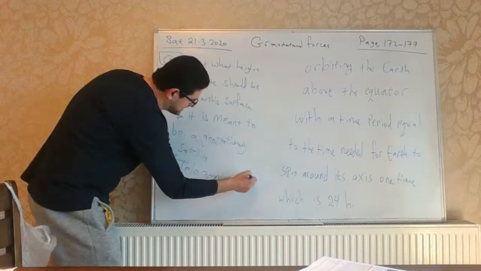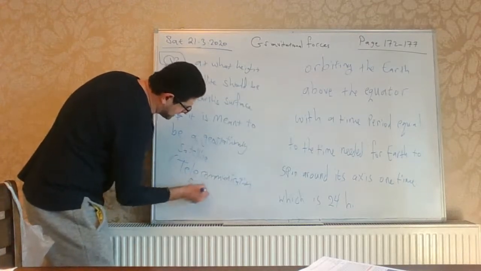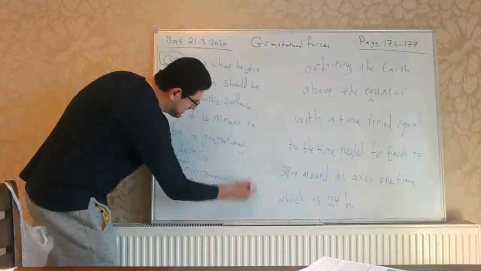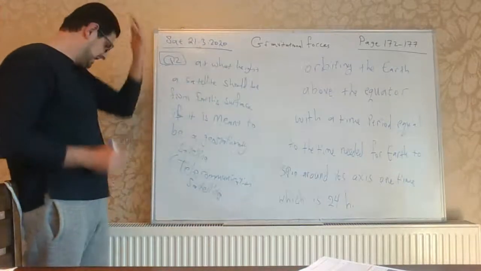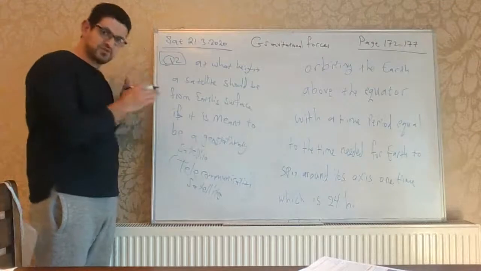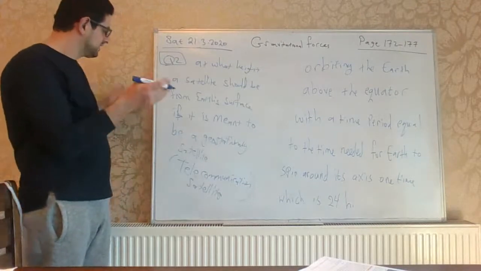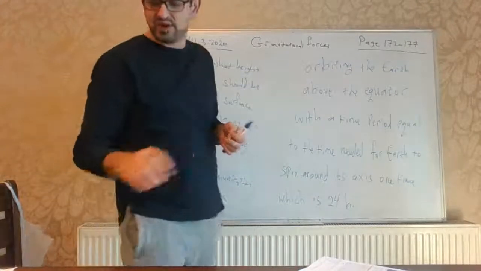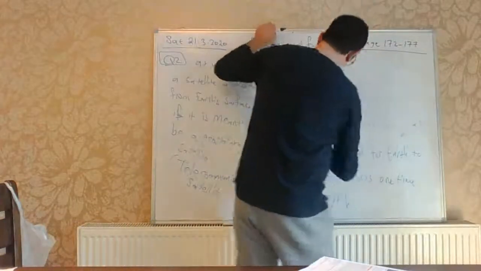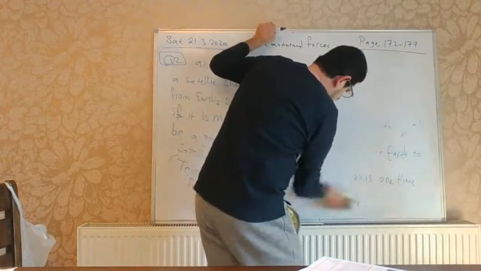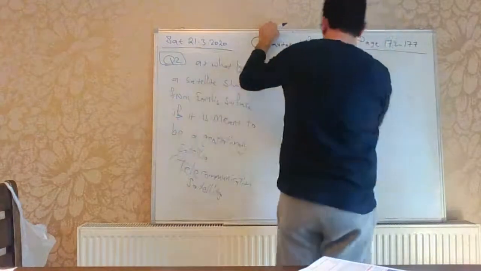Telecommunication satellites have to be at a fixed position relative to Earth. So at what height should they be? Let's use the numbers from question number 1.